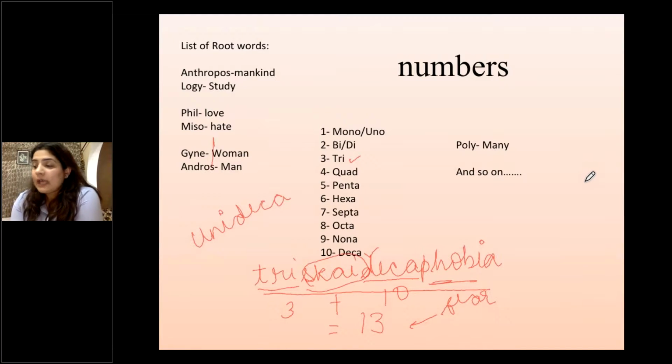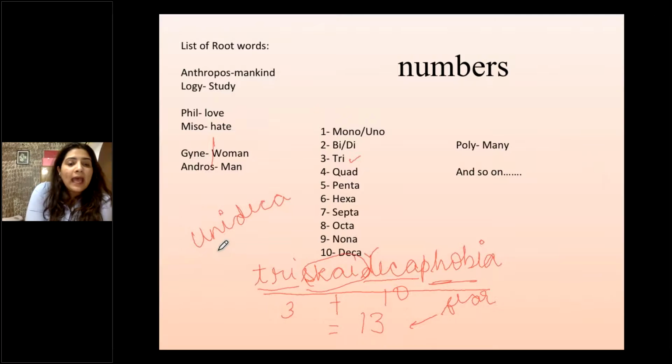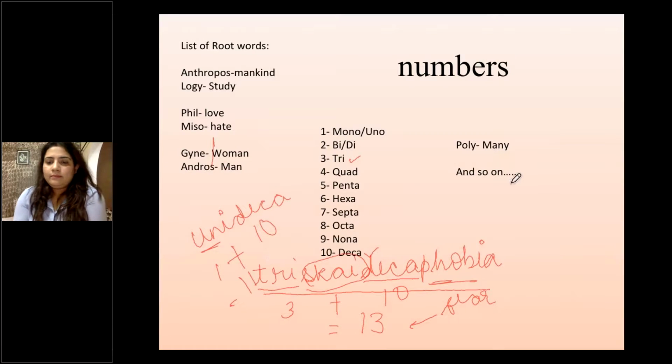No, Sanchit, the answer is not 1 decade. Paramveer, I'm not writing the word phobia, so no fear. Just unideca. What is uni? Uni means 1 and deca means 10. So 1 plus 10 is equal to 11. Okay. Not just 10 alone. Uni means 1. So 1 plus 10 is 11.